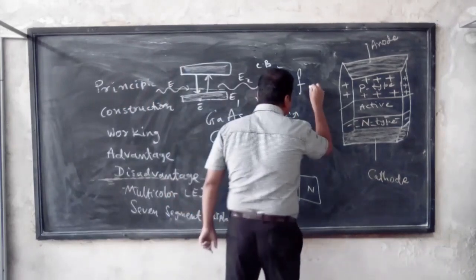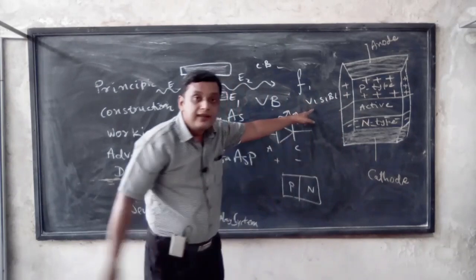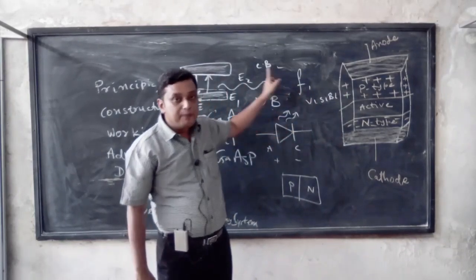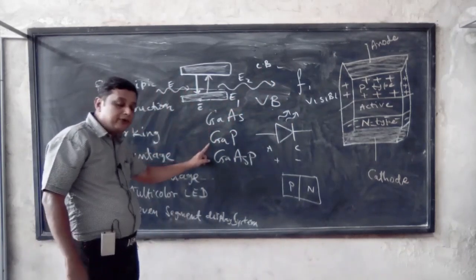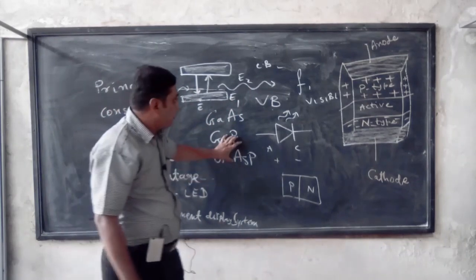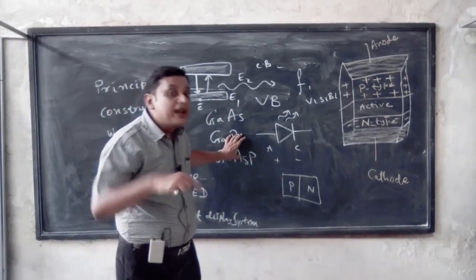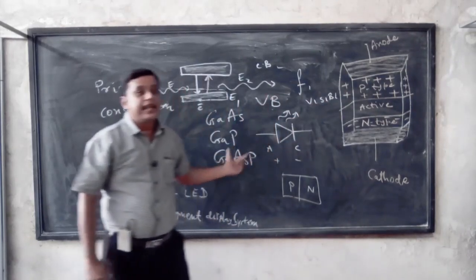This frequency should be in the visible range, and that can be achieved whenever the material is made up of gallium arsenide, gallium phosphide, or gallium arsenide phosphide. In that case, we are able to generate visible light, if the material is like this.